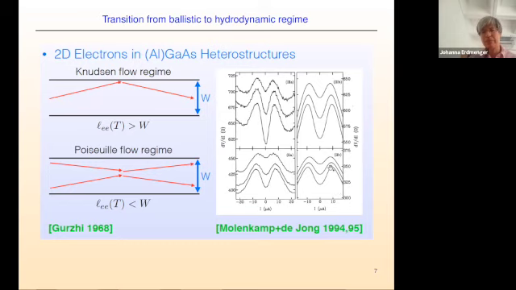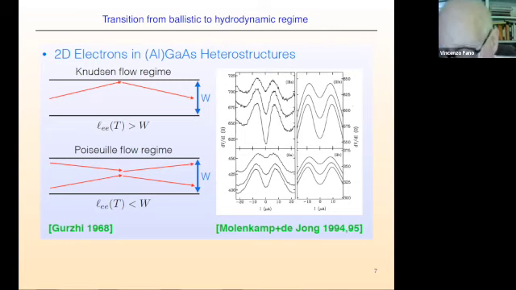So there's a maximum because when it goes up, we are in this regime where the electrons scatter off the walls and the impurities, and so the resistance grows if the current grows. But then after this maximum, there's a crossover to this regime where the electrons kind of collectively move through the fluid, as the fact was discovered already before.